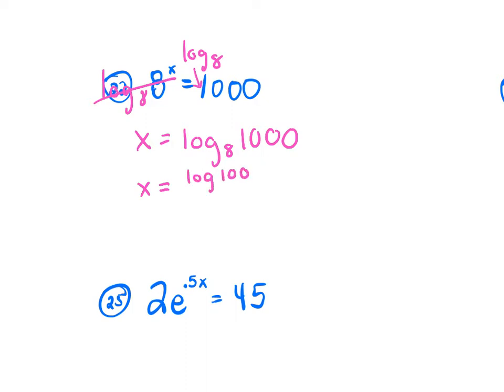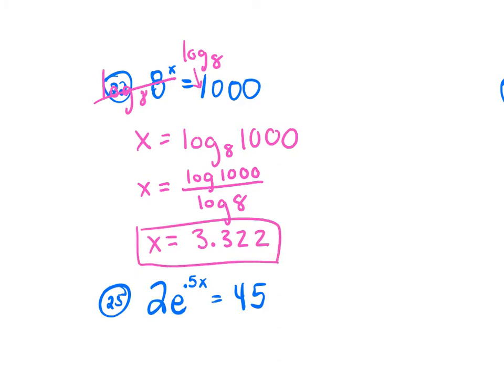Log of 1,000 divided by log of 8. So what do we get? 3.322. Perfect.